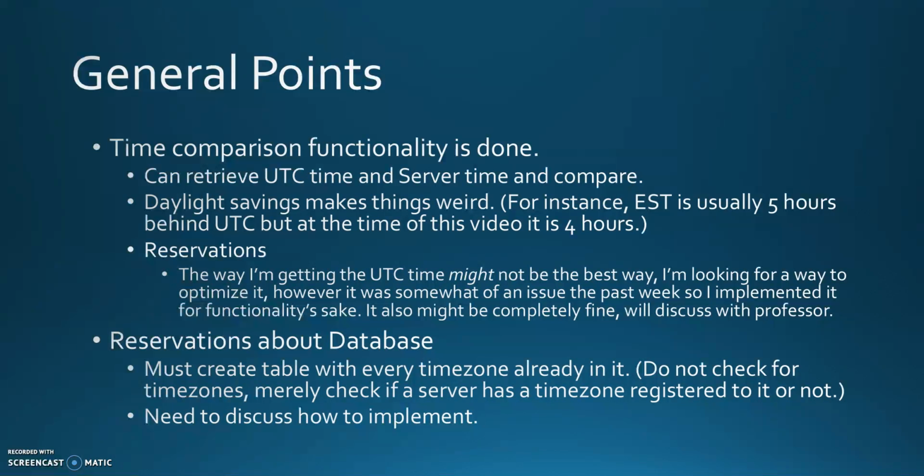Because if, let's say we're checking the offset and we see that the offset is 4 hours, we need to cross-reference that offset with a table filled with all the time zones already, so we can know what time zone corresponds to that offset, as opposed to checking if that offset already exists and then adding it, because we can't just add it if we don't know what the time zone is.